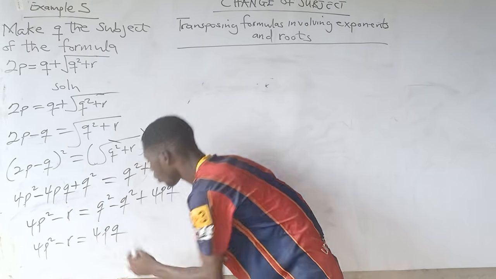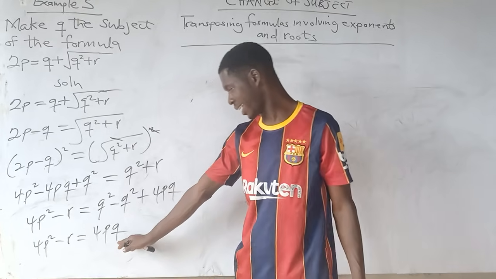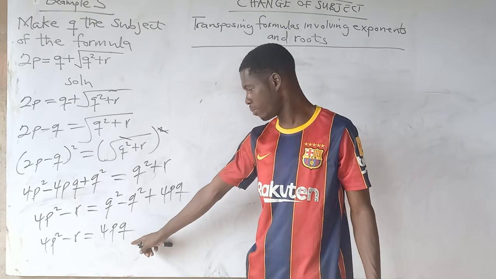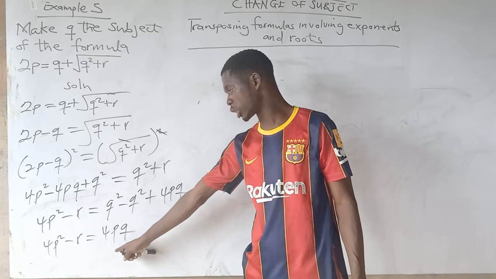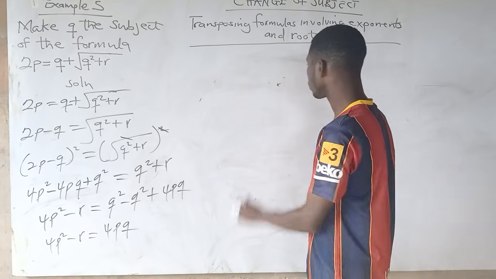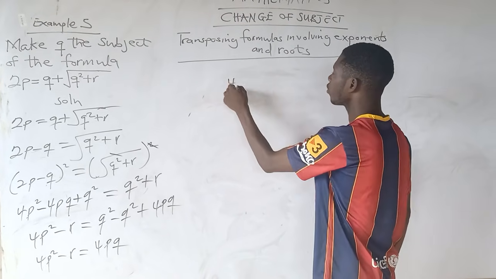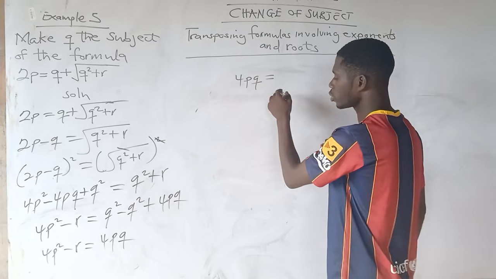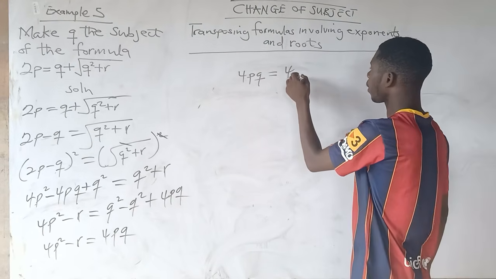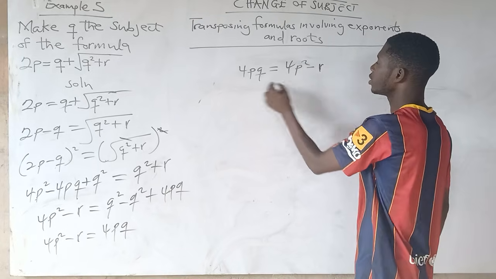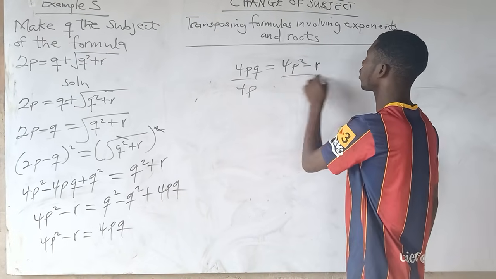You get 4pq. Now I'm making q the subject. So I can divide both sides of the equation by the coefficient of q, which is 4p. Okay. So 4pq equal to 4p squared minus r, divided by 4p, divided by 4q.